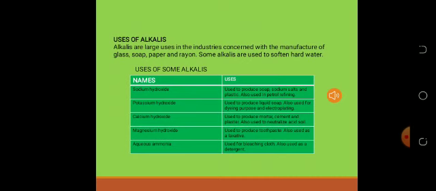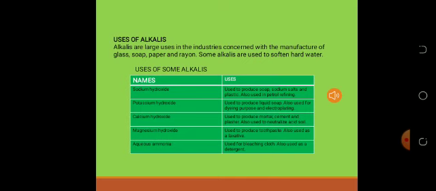Uses of an alkali. If you look at the table below, I gave some examples of some alkalis and their uses. Talk about sodium hydroxide, which is used to produce soap. Sodium salt, the sodium salt is the table salt, which is common to our kitchen, to our home.